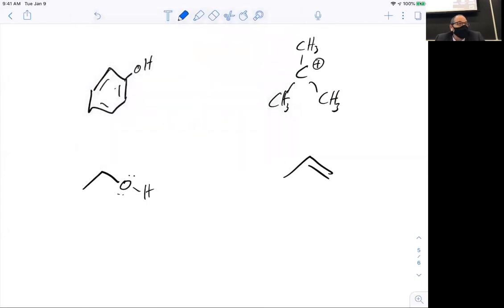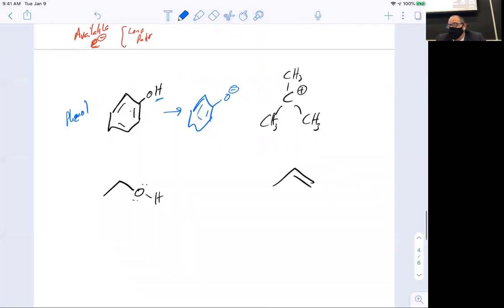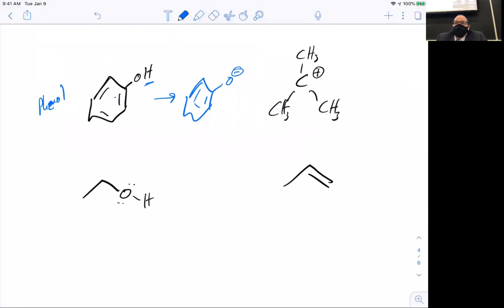Okay, so let's take a look at the first one. We have a phenol here. This is a phenol. And we have a hydrogen attached to an oxygen, a hydrogen-bonding hydrogen. Could we take that and form this? Yes.